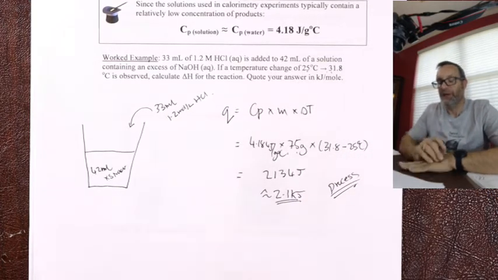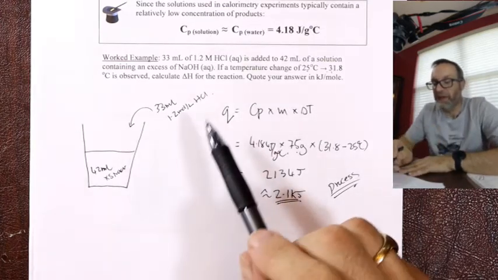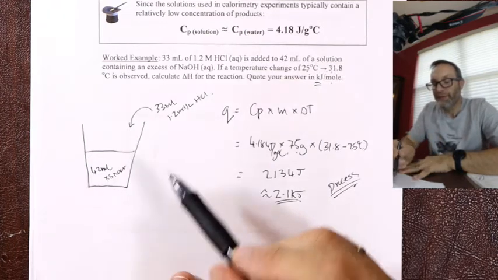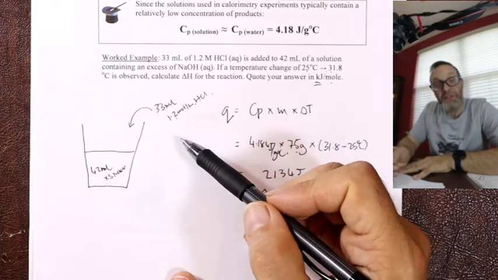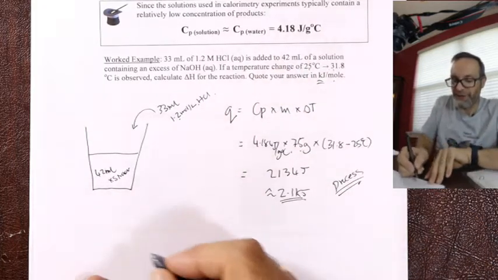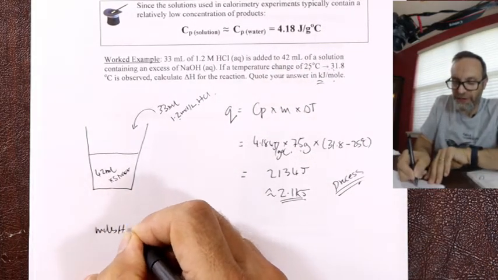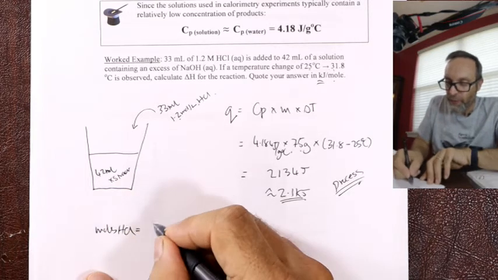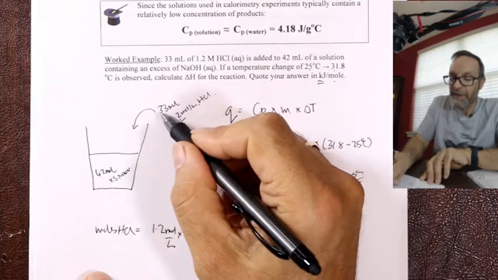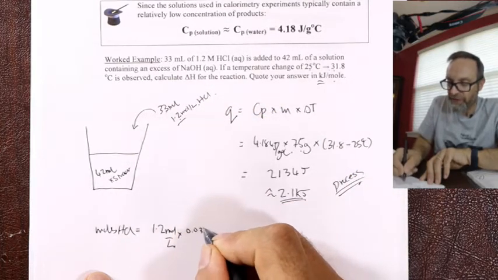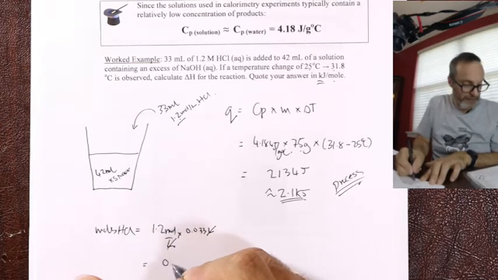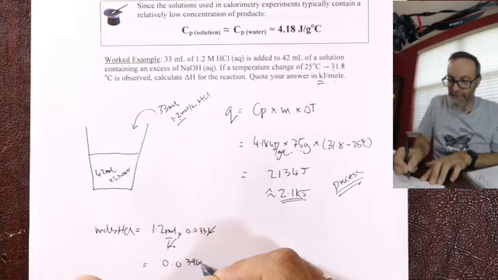That's for the process. So we're not done yet, it turns out, because when we define it here, quote your answers not in just kilojoules, but kilojoules per mole. So we added a certain number of moles of HCl to an excess. So it's limited by how many moles of HCl. So on the side here, I'm going to do a quick calculation. Moles of HCl equals 1.2 moles per liter, that's its strength, times 0.033 liters. What is that? 0.0396 moles.